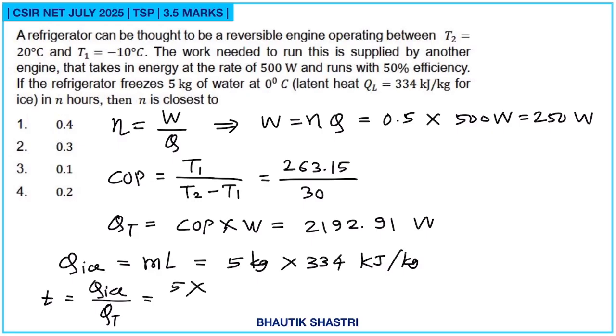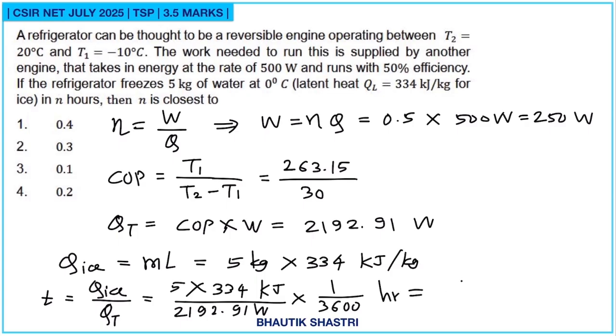So this is 5 into 334 kilojoule upon 2192.91 watt. Now this will be in seconds and we want it in hours, so multiply by 1 by 3600. This will be in hours, and this comes out to be 0.2 hour. So option 4 is correct.